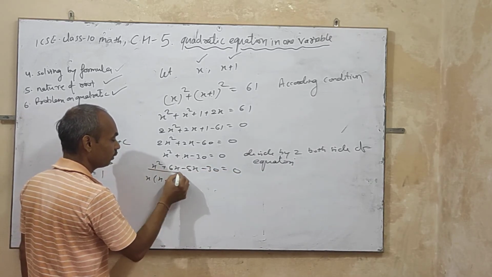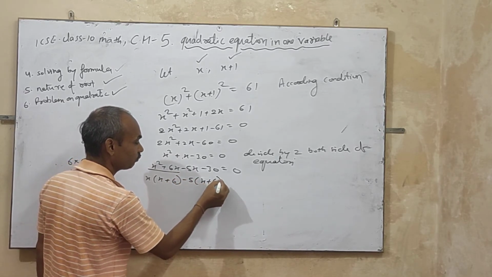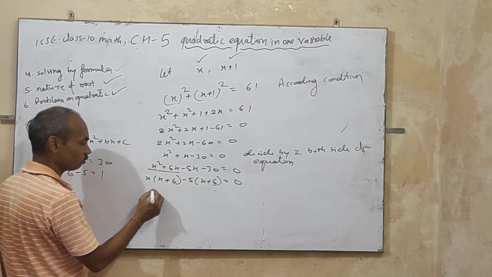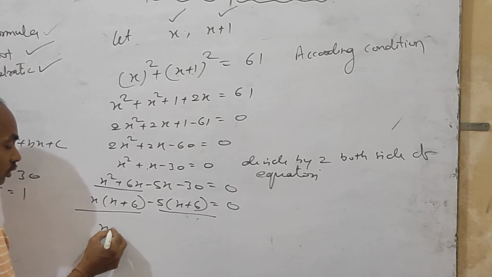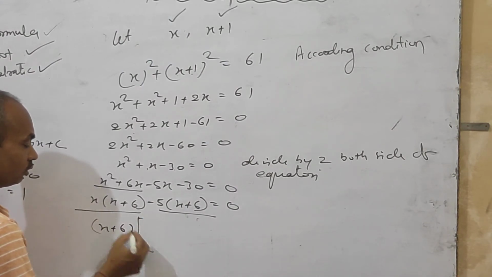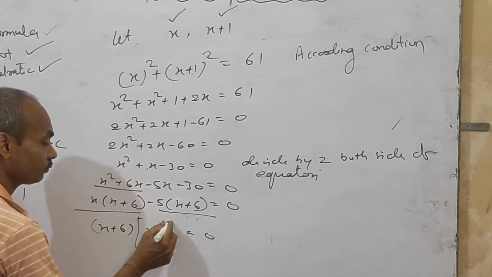Taking x common, x into x plus 6 minus 5 into x plus 6 is equal to 0. Taking common again in the 2 terms, x plus 6 is common, x minus 5 is equal to 0.